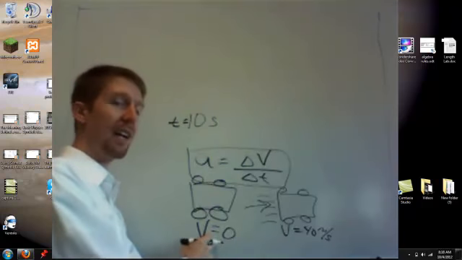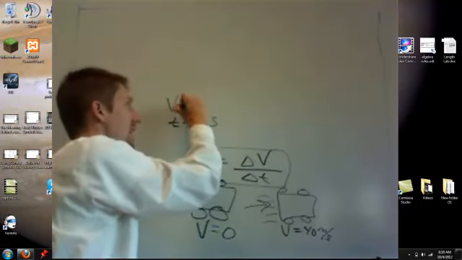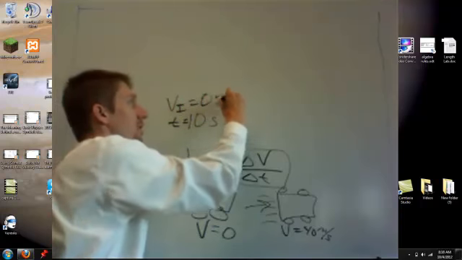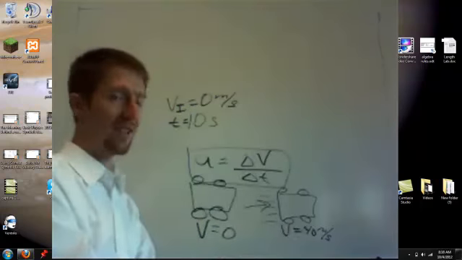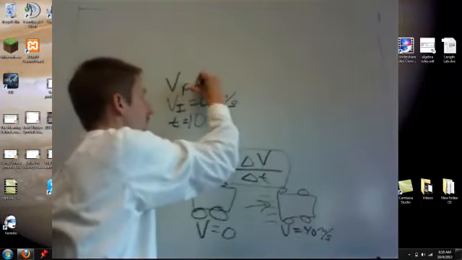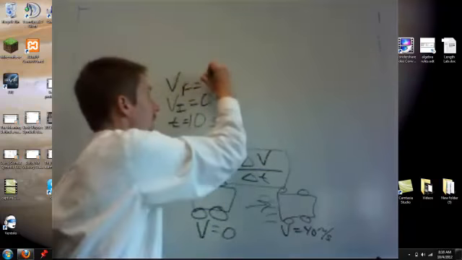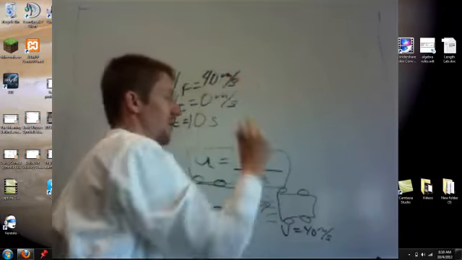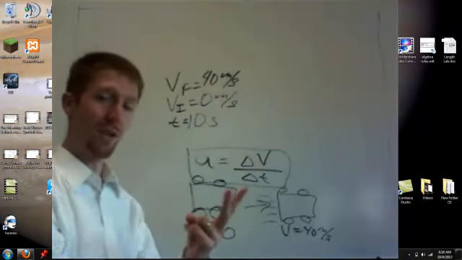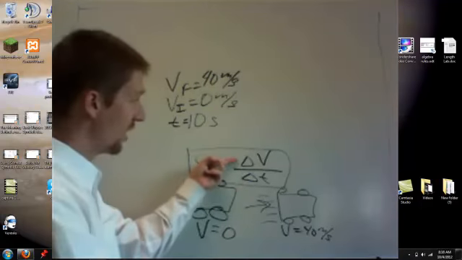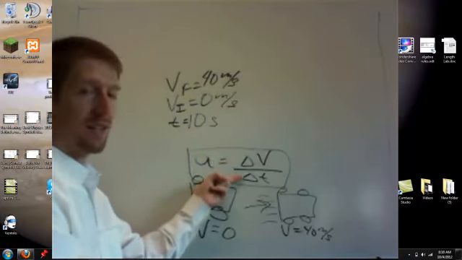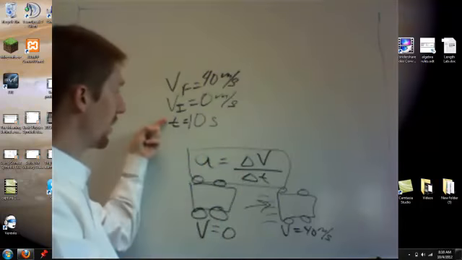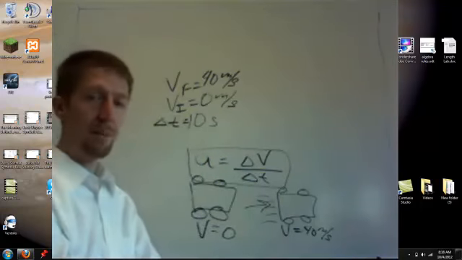The speed or velocity it started at, VI, is 0 meters per second. The final velocity it ended up with, VF, is equal to 40 meters per second. The two things we have to know to find the acceleration are the change in velocity as well as how long it took. We already know how much time it took, the time period.